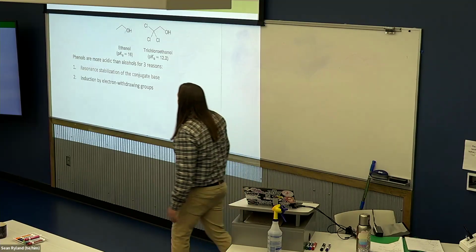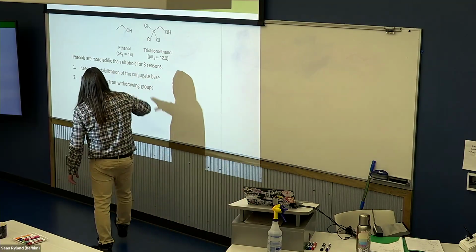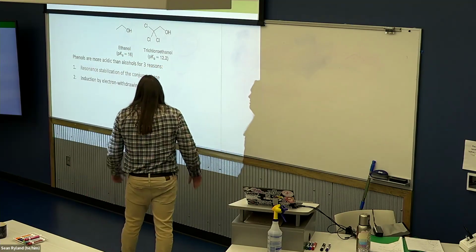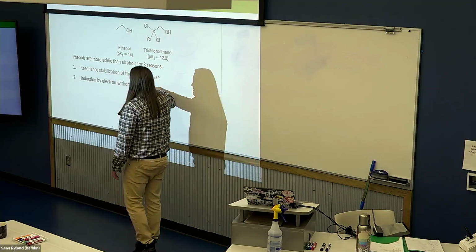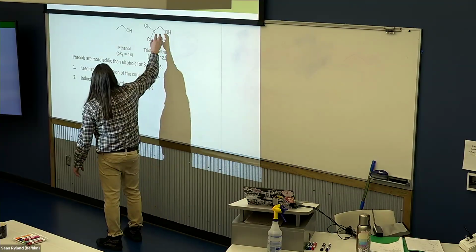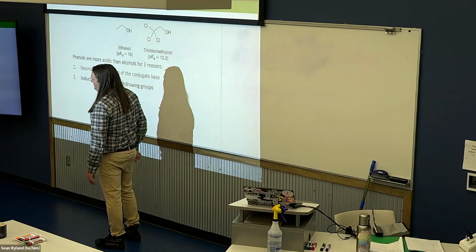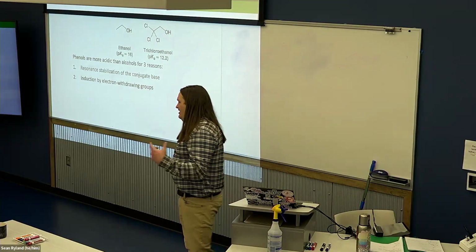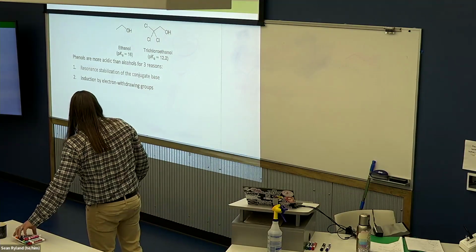So these other ones are not specific to phenols versus regular alcohols. But if you have a bunch of electron withdrawing groups, if you have something nearby that can pull the electron density away from that oxygen, the electron density is what's holding that hydrogen on in the first place, right?